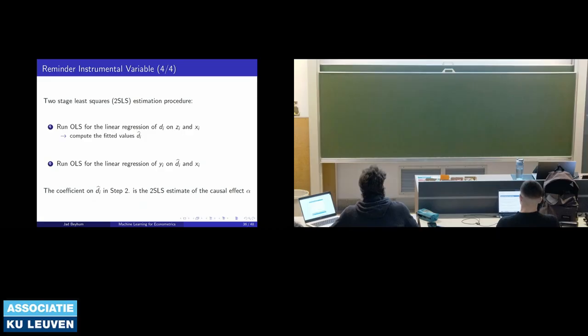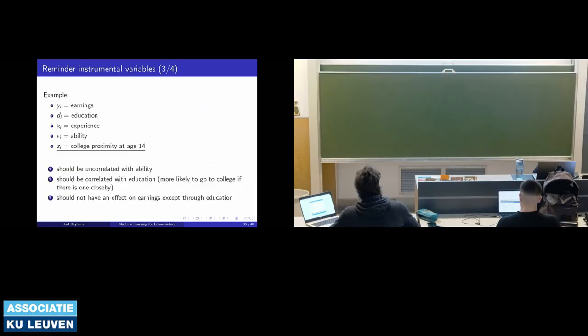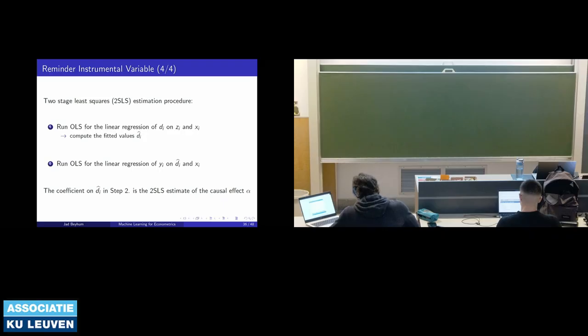So when you have a low-dimensional model, so everything is low-dimensional, you're not in a high-dimensional data case, then there is a standard method to estimate this model using the Y_i, D_i, Z_i, and it's called two-stage least squares, or 2SLS, and essentially this is running two OLS regressions.